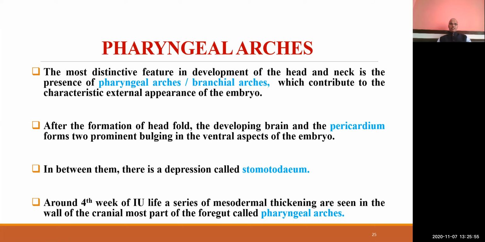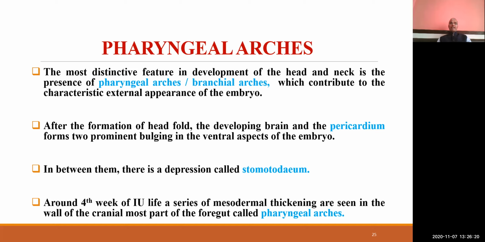Next, pharyngeal arches. The most distinctive feature in the development of the head and neck is the presence of pharyngeal arches, also called branchial arches, which contribute to the characteristic external appearance of the embryo.